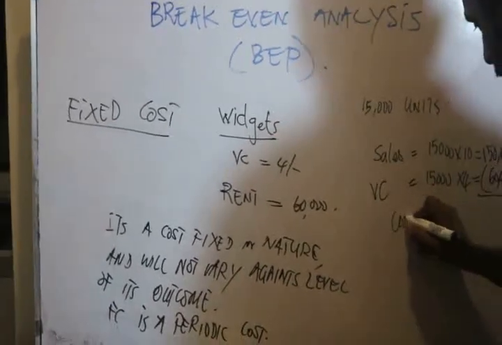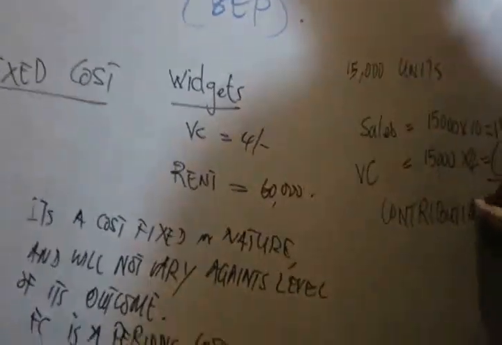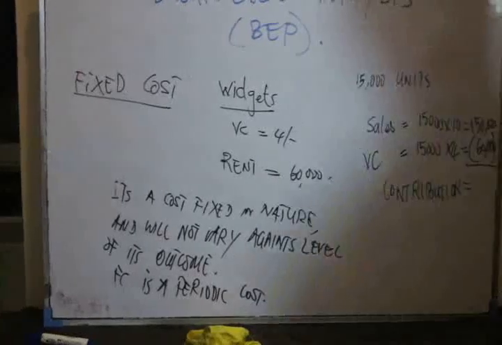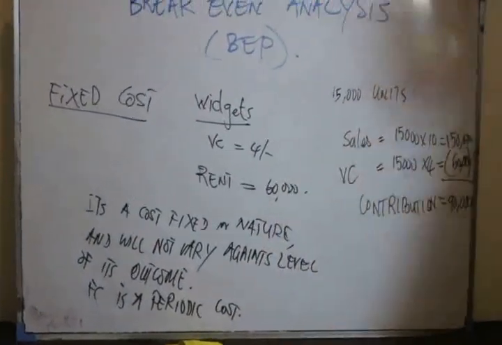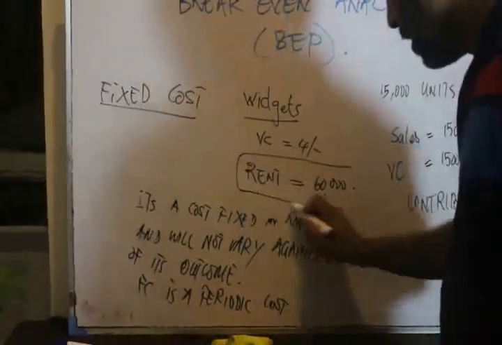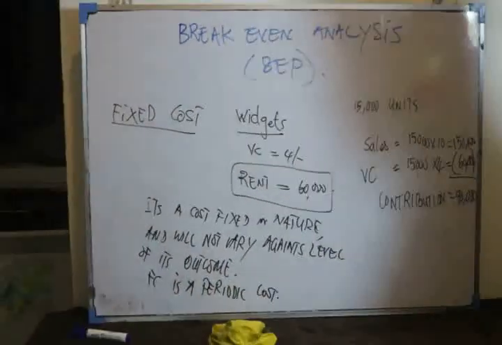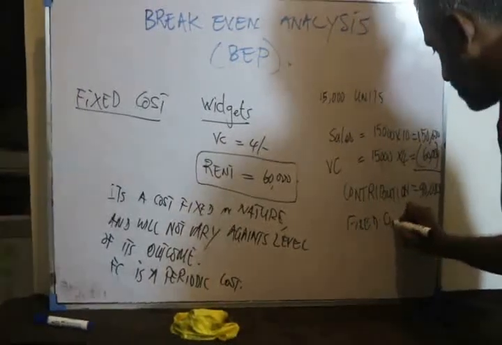So my contribution is 150 minus 60, that will amount to 90. Now, in this example we said our fixed cost or the rent, which in other words is fixed cost, is 60.